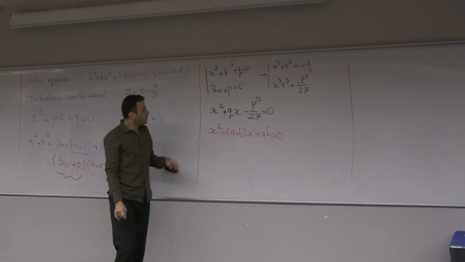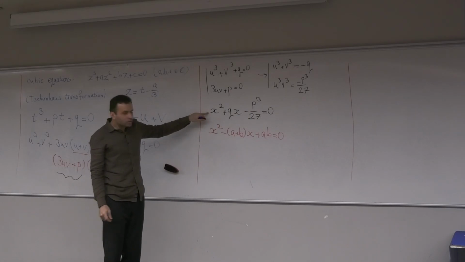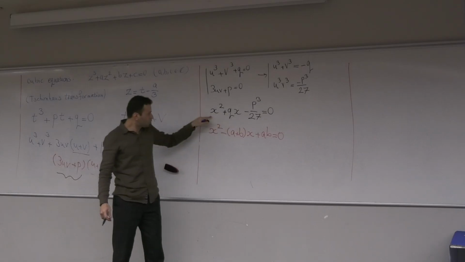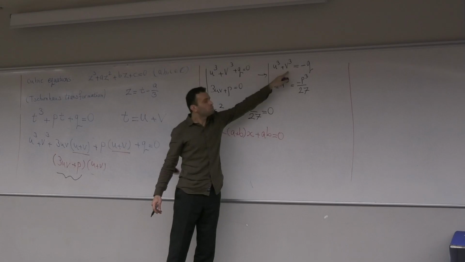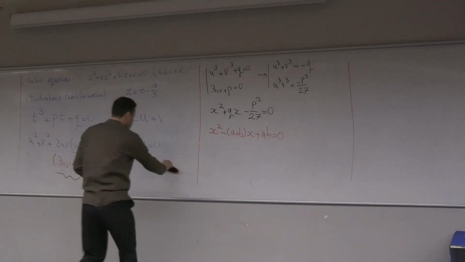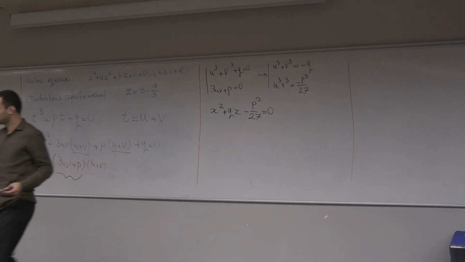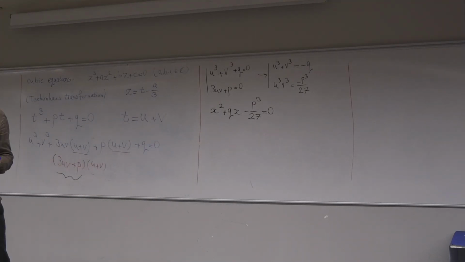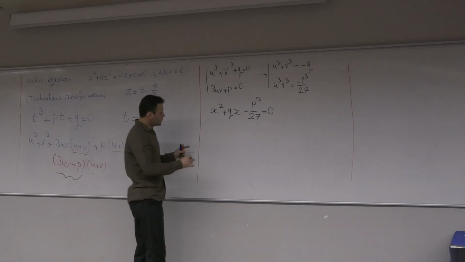Okay? Now we have a quadratic equation, and we know that the roots of this quadratic equation are u3 and v3. Can you please find those roots? Yes, exactly. So let's go on with this.